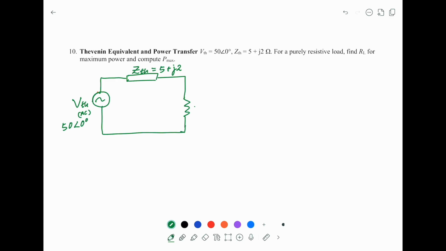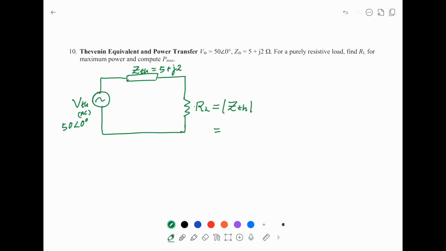Now, this time, if the load is purely resistive, it means if this is a resistance RL, the theory says if this load is equal to the magnitude of your Thevenin equivalent impedance, then there will be maximum transfer of power.